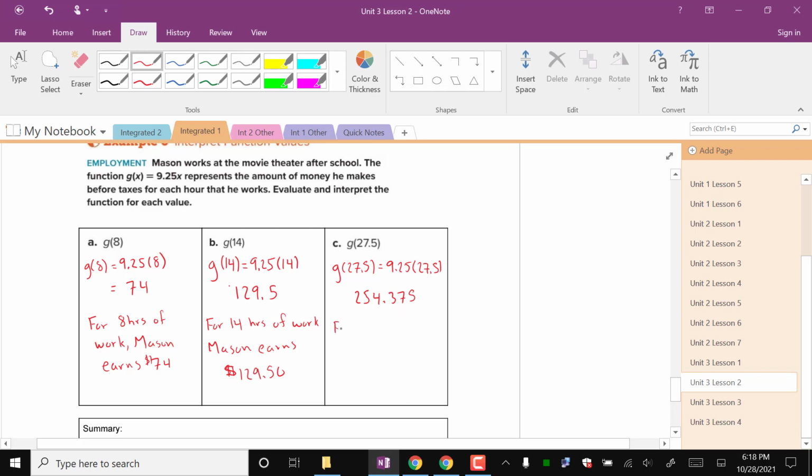So for 27.5 hours of work, Mason earns $254.38.